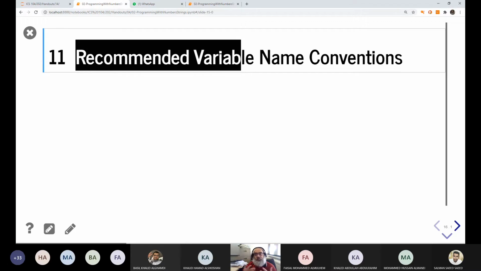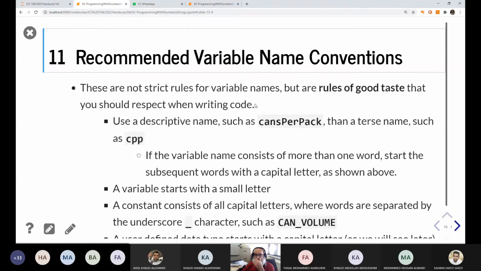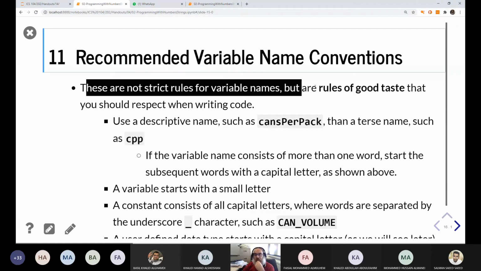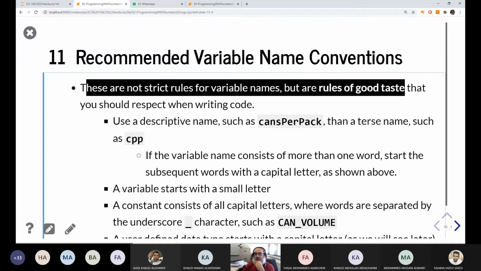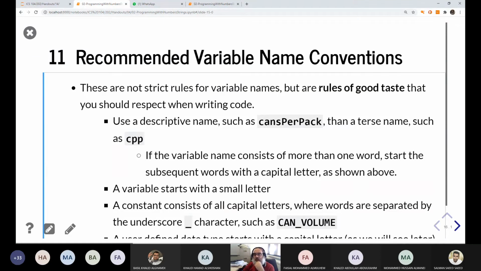If you break them, it does not mean that your Python program will not work. They are rules of good taste that you should respect when writing code.